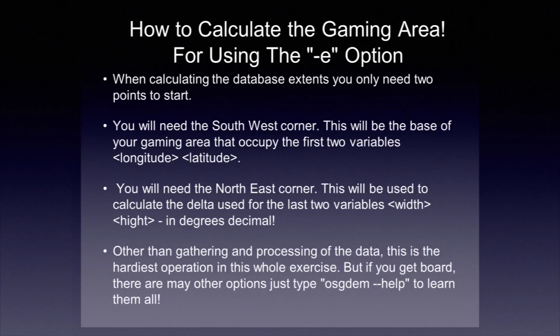Then you will use that data plus the northeast corner to calculate a delta that will consist of the width and the height of the database. This is, of course, in decimal degrees. Everything in the gaming area is determined by latitude, longitude, decimal. And that's the way the E option works.